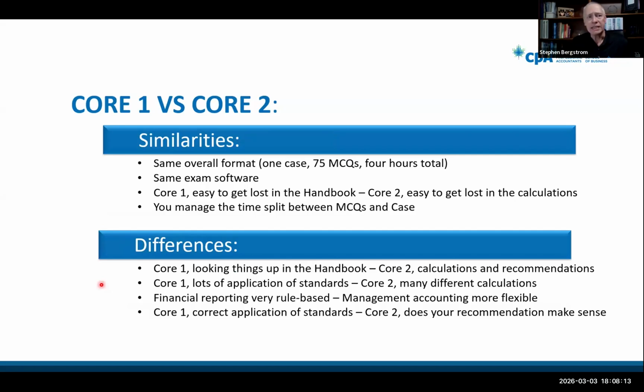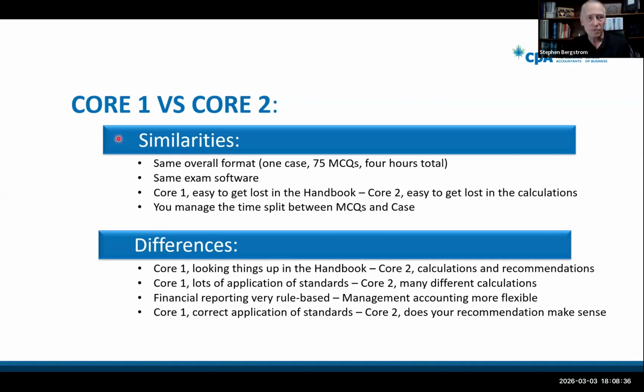In a lot of ways, the Core 2 exam is very similar to the Core 1 exam in the sense of the structure, format, the overall process. Even just think about what I just went through. Same number of multiple choice questions, same length of time for the case.